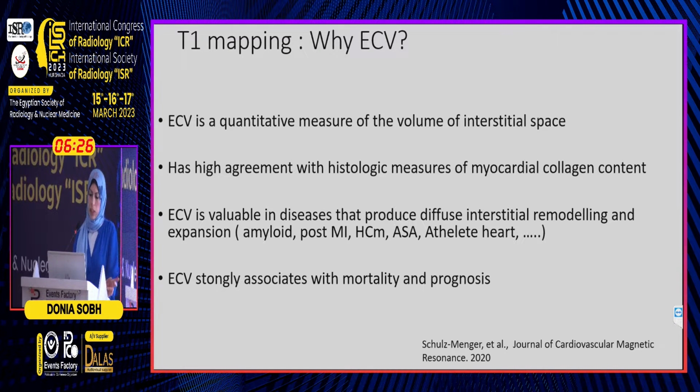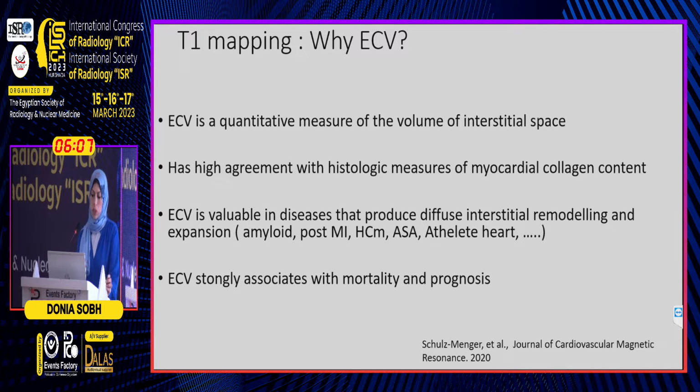The other value that we get is the ECV. ECV is a way that we can quantify the volume of interstitium. It has high agreement with the pathology, and it also has some prognostic value.